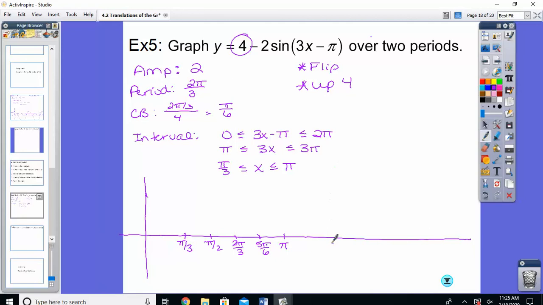I did ask for 2 periods, so let's go ahead and just tack on 4 more points. So plus pi over 6 would be 7 pi over 6. Next would be 8 pi over 6, which is 4 pi over 3. 9 pi over 6, so 3 pi over 2. And 10 pi over 6, which is 5 pi over 3.